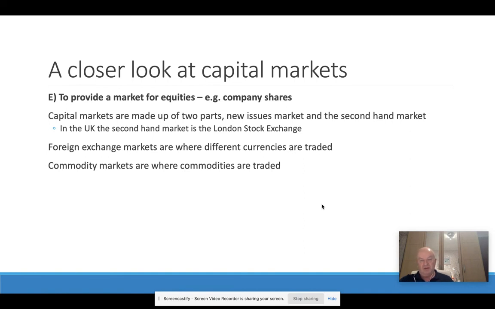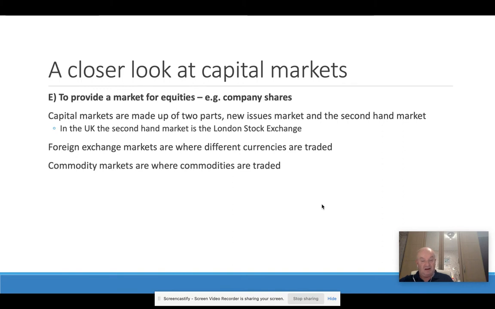If you're talking about a new issue, that would be a company that's coming to the market for the first time and is choosing to become a public limited company of some description, and is issuing shares for the first time.